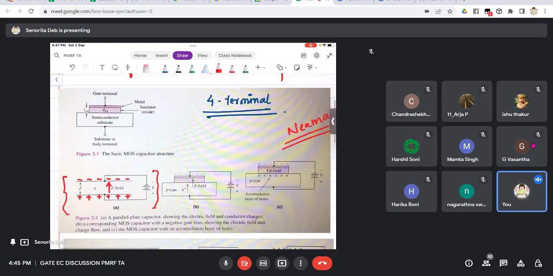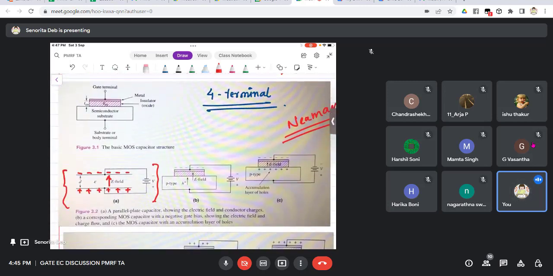Now you can see that we have a negative bias, that is, the gate is negative with respect to the substrate, and this is an NMOS. We will see why this is an NMOS. The P type substrate is there. When I put negative voltage here, the holes will start getting attracted, and therefore in the third diagram there is an accumulation of holes.